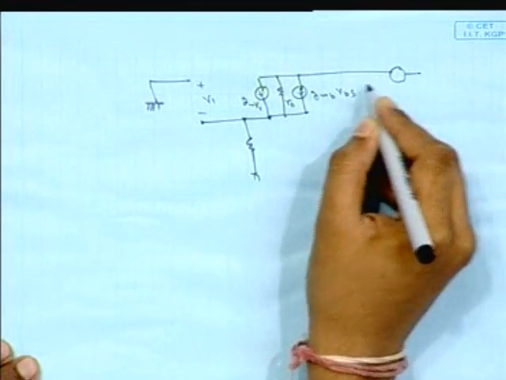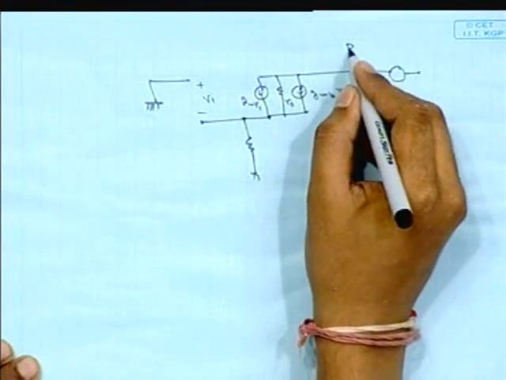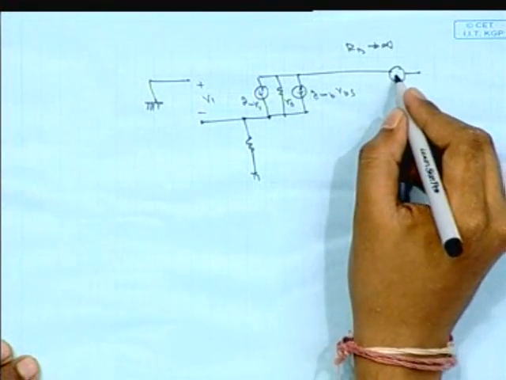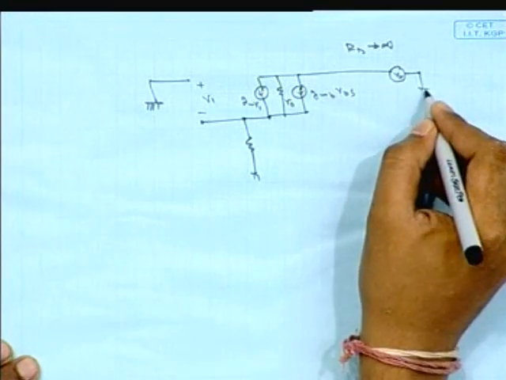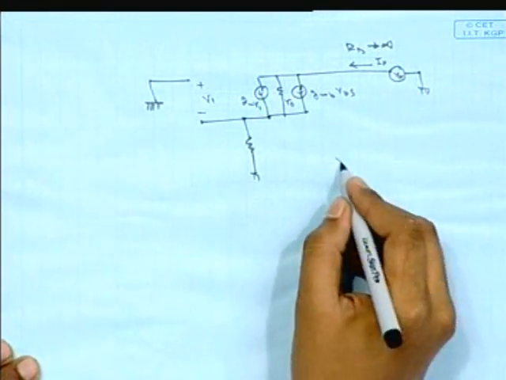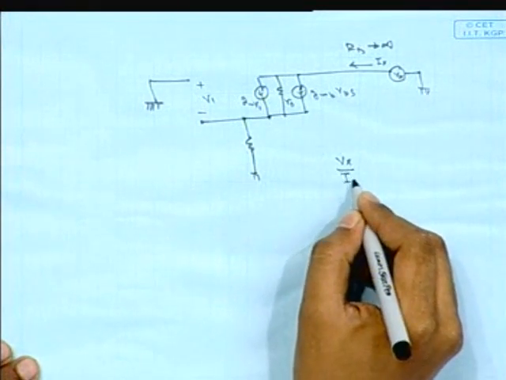Here RD should be infinite to calculate that particular output resistance. This is nothing but Vx, and we have to calculate whatever will be the Ix. From that case we can calculate Vx by Ix.